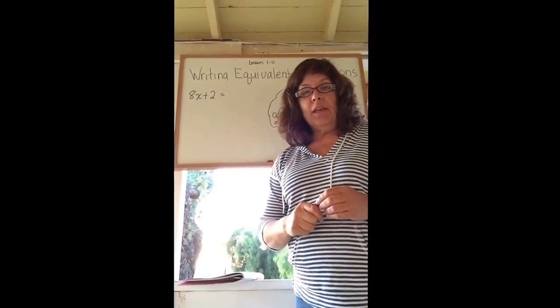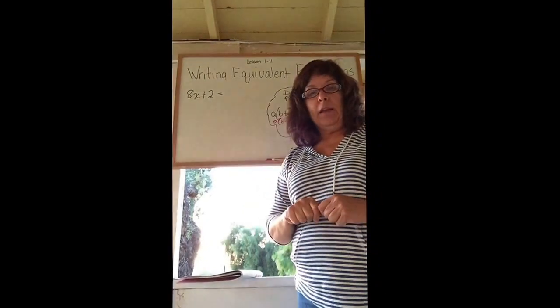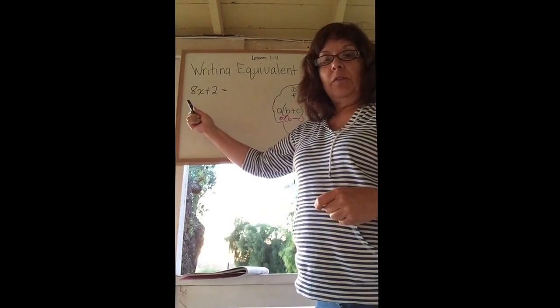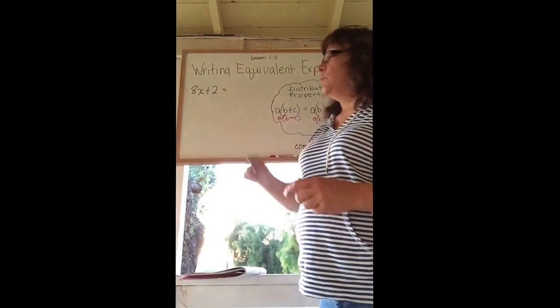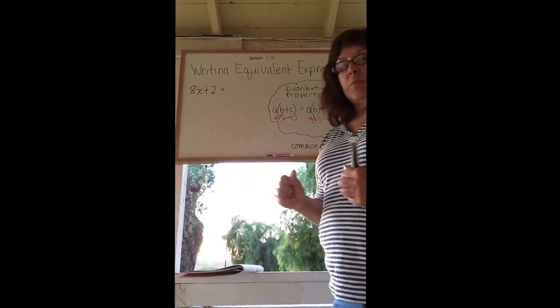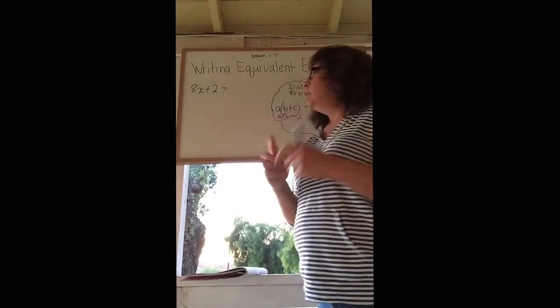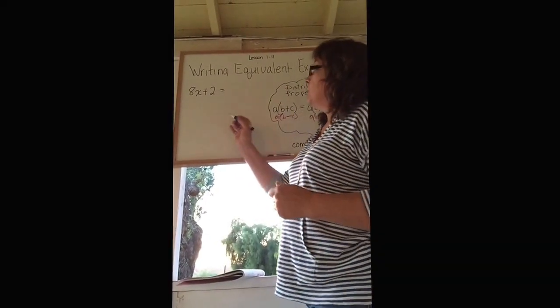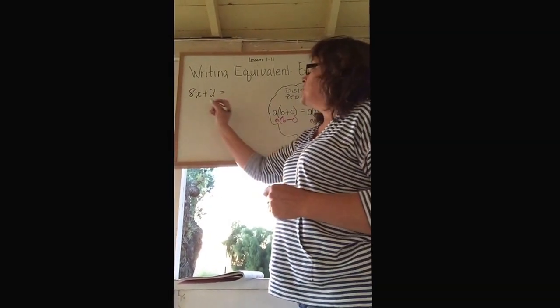It's Miss Velasco again. Here's another problem for writing equivalent expressions. So let's take the expression 8x plus 2. That already looks pretty simple, right? We're going to use the distributive property and write an equivalent expression.